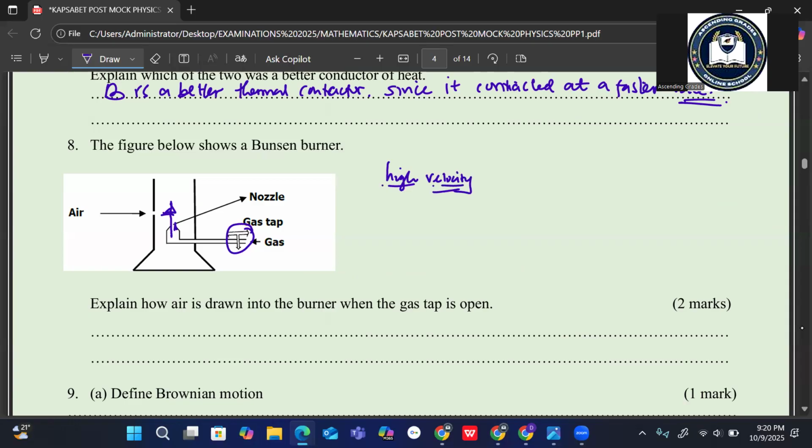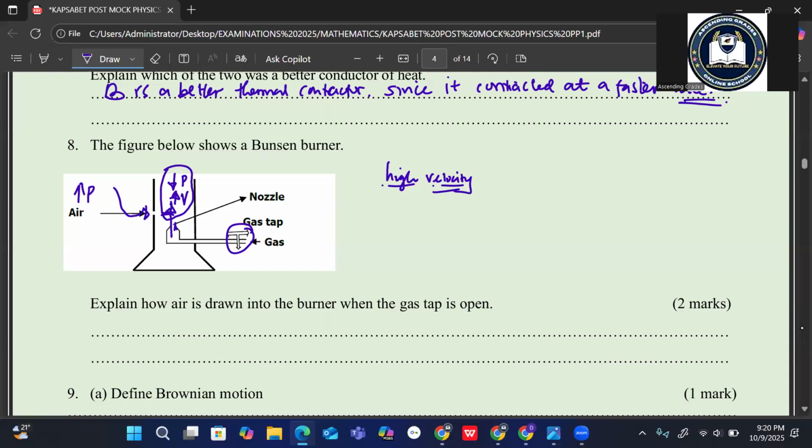So inside the barrel there will be increased velocity, and this will lower the pressure. If the pressure inside the barrel or the chimney is low, then higher atmospheric pressure outside will force air in.